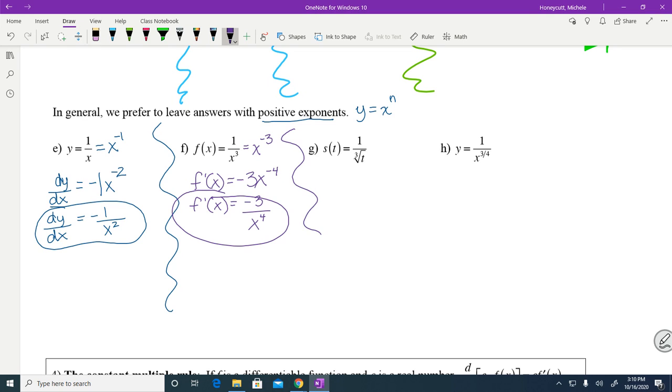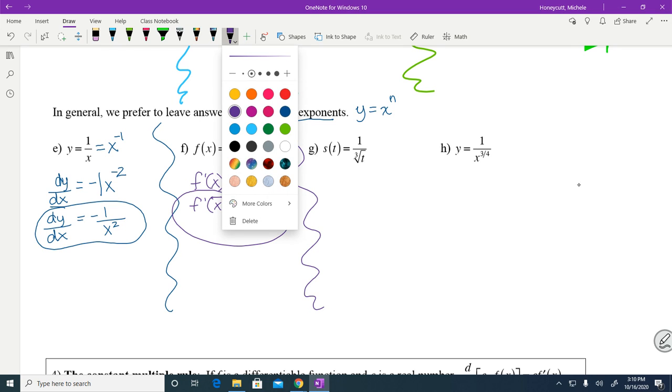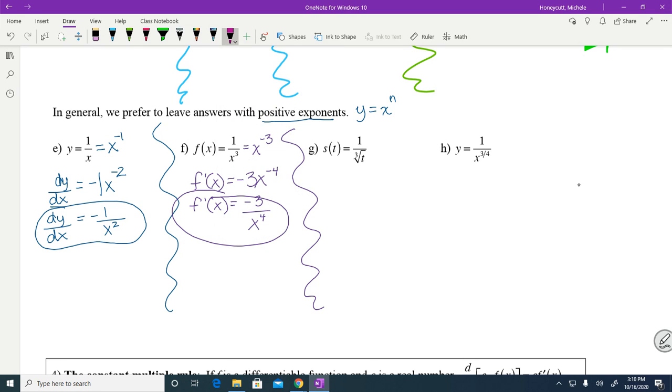Then sometimes you'll have some with radicals. So this is a cubed root, which is the same as 1 over t to the positive third. But again, I need it written as x to a power, not 1 over x to a power. So this is the same as t to the negative 1/3.